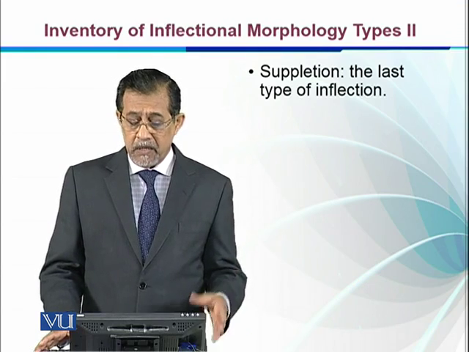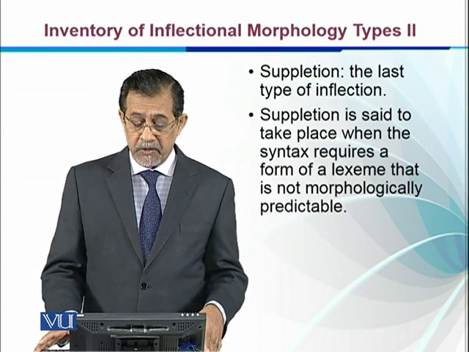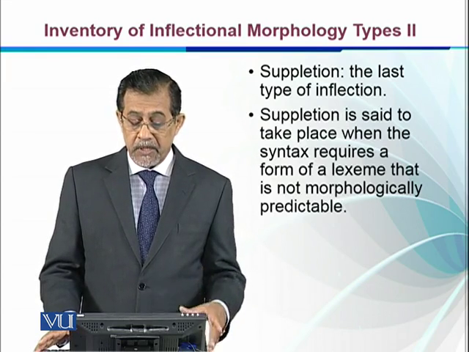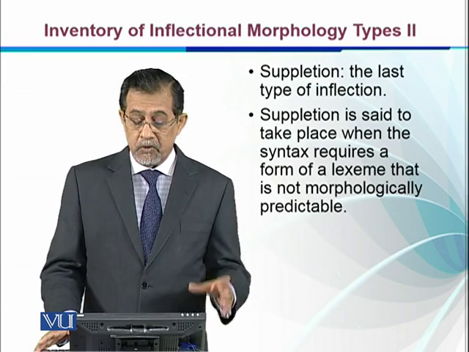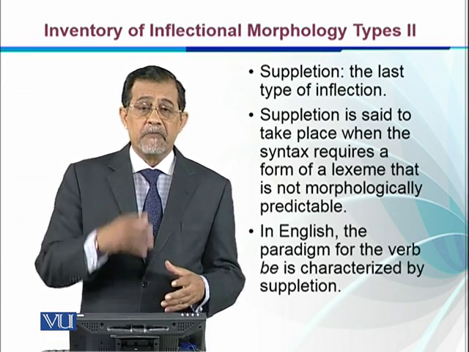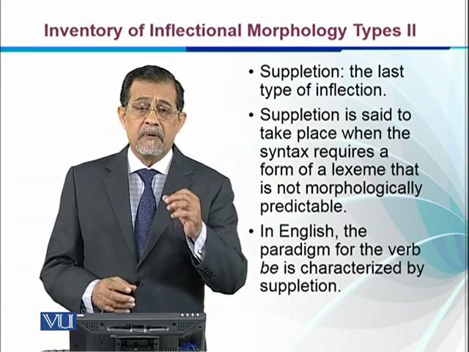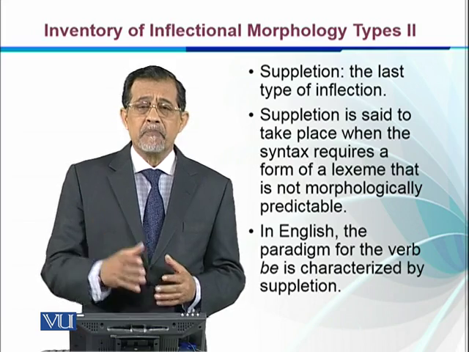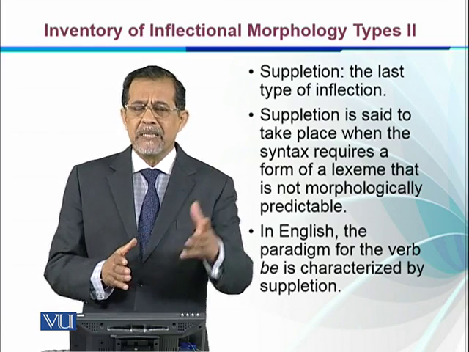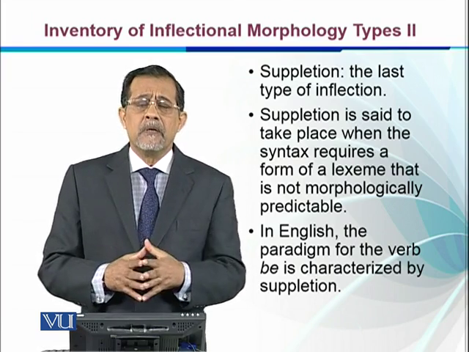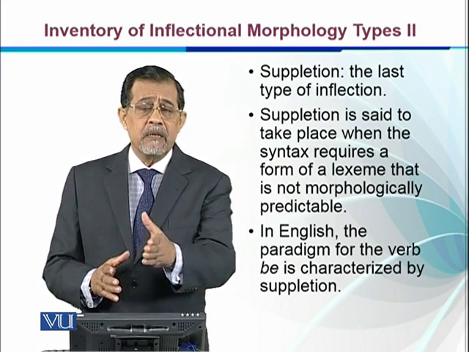Suppletion is another type of inflection. Suppletion is said to take place when the syntax requires a form of a lexeme that is not morphologically predictable. Especially if we take the example of the verb to be, form be, right? Its forms are not predictable as we can predict the form of play and played, work and worked.